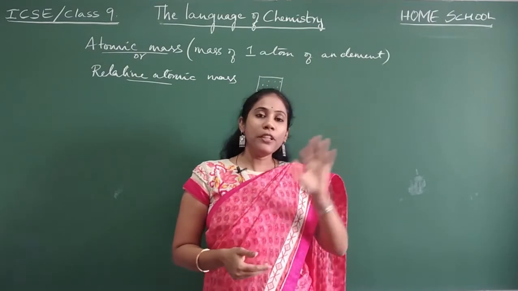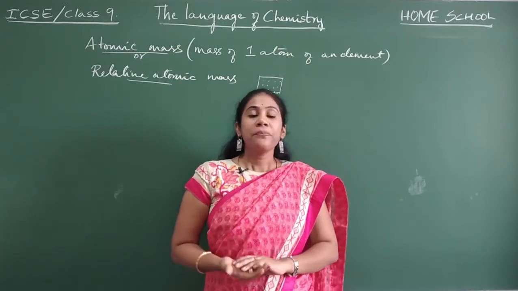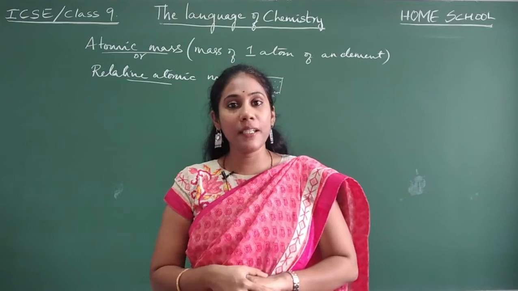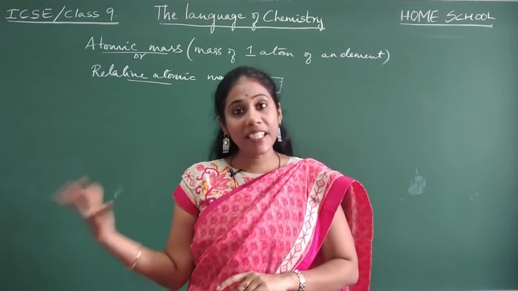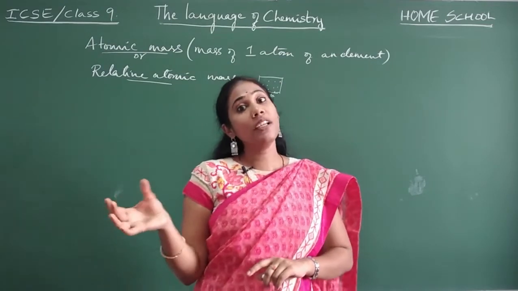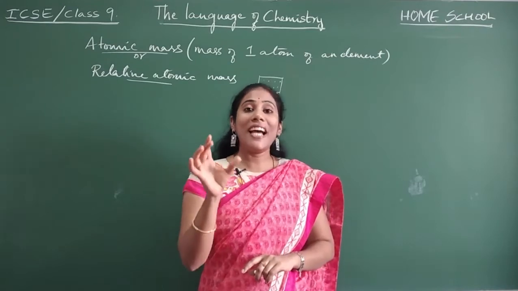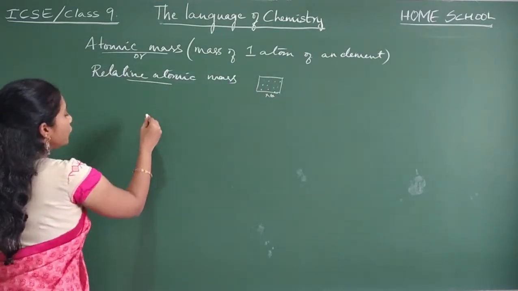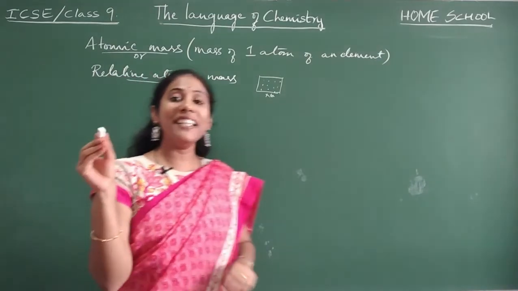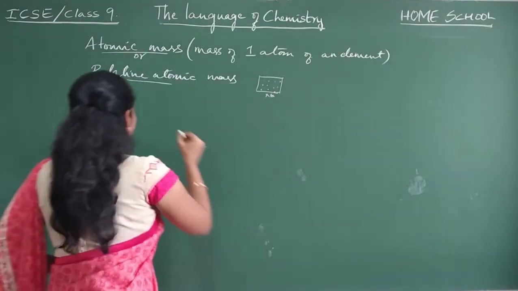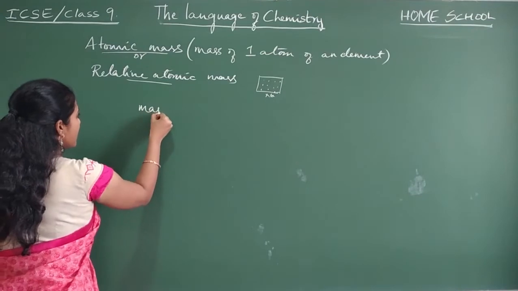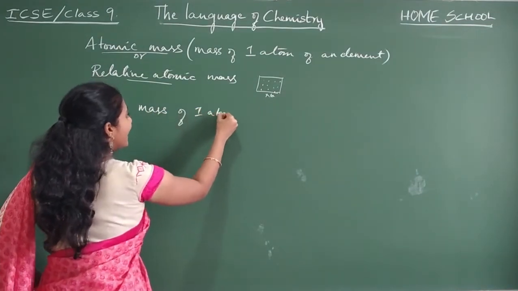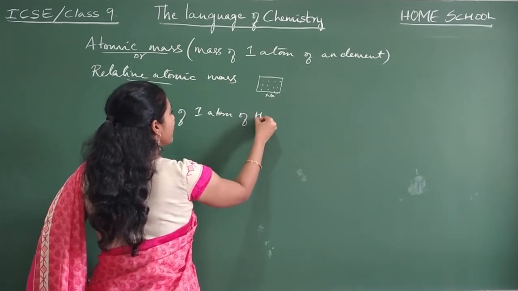At that point of time, scientists conducted so many experiments on various elements, and by indirect methods they found the mass of an atom. Initially they got to know the mass of the hydrogen atom, and they found the mass of one atom of hydrogen.